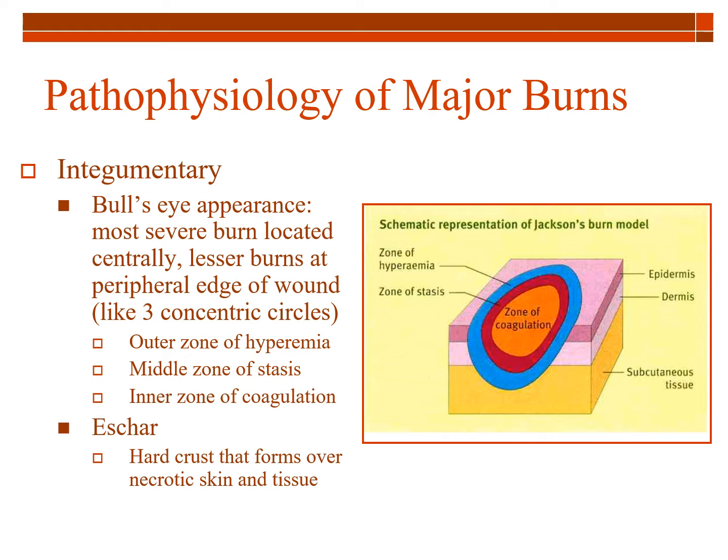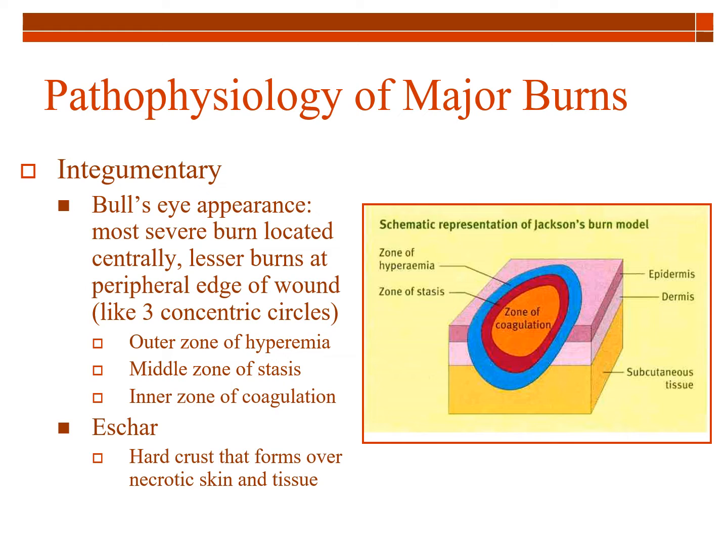Surrounding this lies the zone of stasis, which is comprised of the less damaged tissue in which inflammation occurs and vascularity is impaired. Tissue in this zone has the potential to recover under the correct conditions. The outer layer, or zone of hyperemia, is tissue with intense vasodilation and increased blood flow.